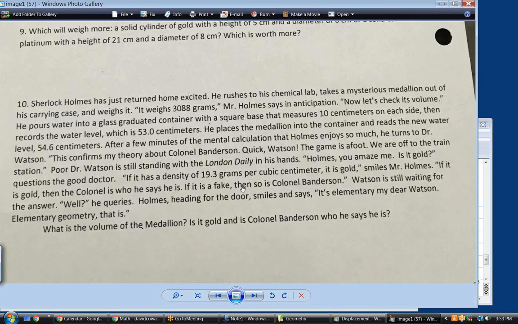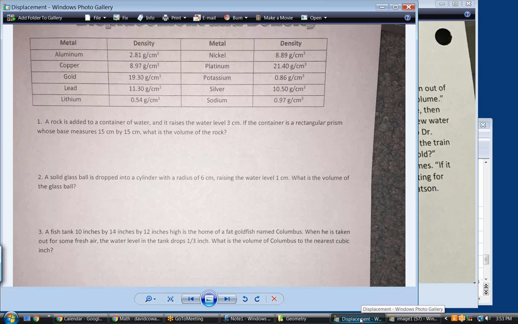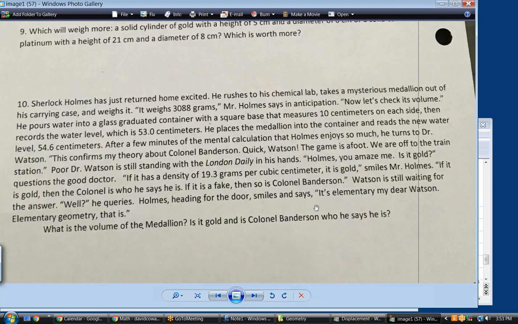Although, the problem with that logic is that how do we know there aren't other materials that have that same density? In other words, what if there was some other metal that's not on this table that has that density of 19.3? Then you would not be able to say that it's gold.